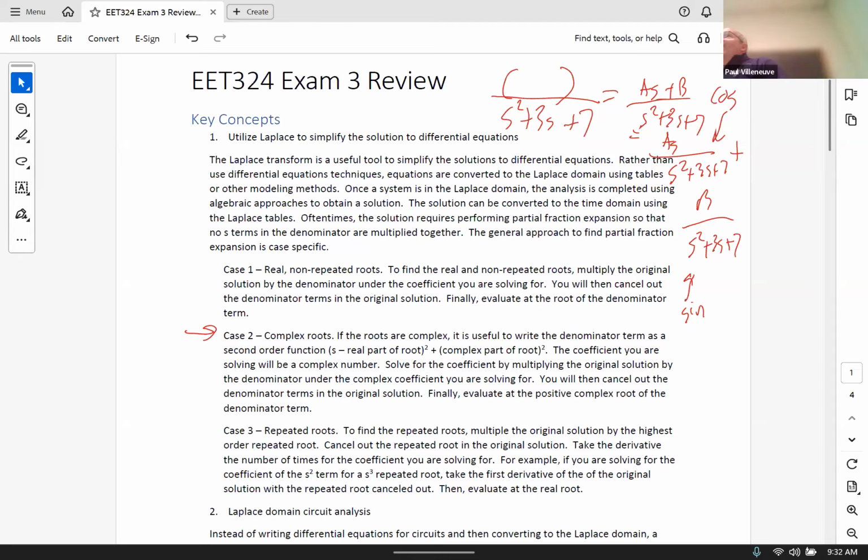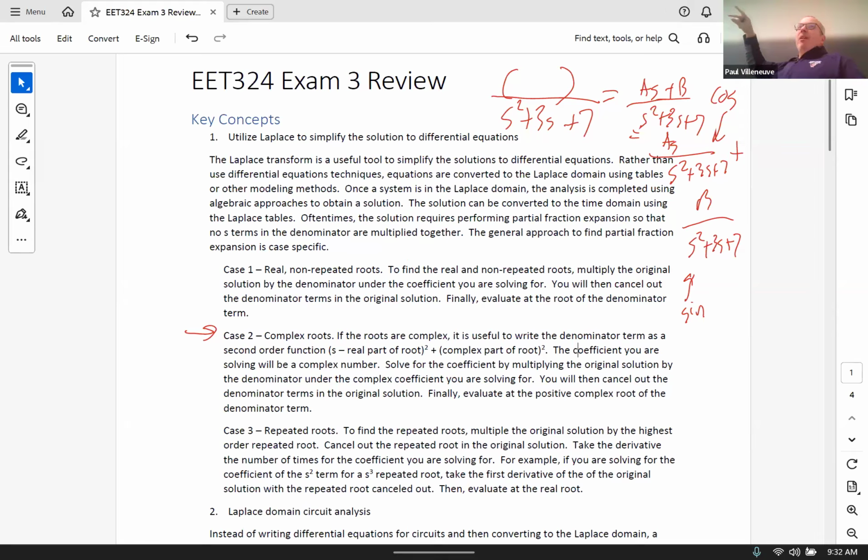Case B is if you have complex roots. Now we can do the same approach as in case 1, but then we would end up with e to the j thetas in our time domain solution, which is what we don't want. So we solve for a complex number B at an angle of theta when we have two complex conjugate roots, okay?